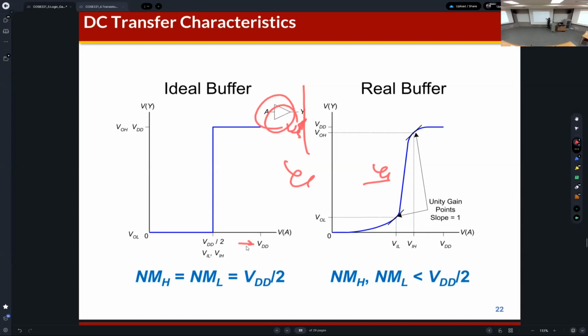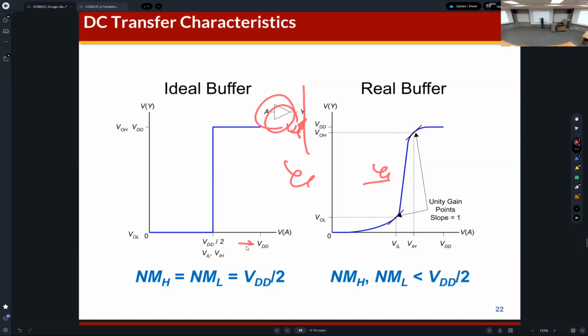So we assume that this buffer is tolerable until this VOL level. Which means that this buffer can generate a voltage level within this range if the input voltage level is in the range of 0 to VIL. We assume that a real buffer works like this, not the ideal buffer.